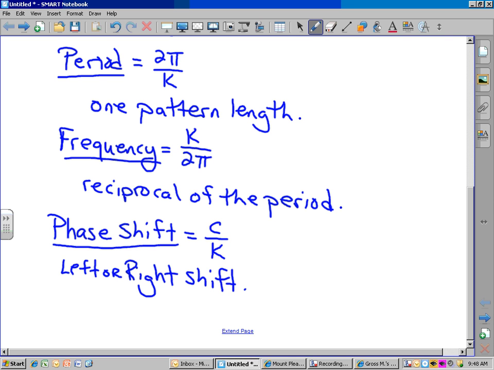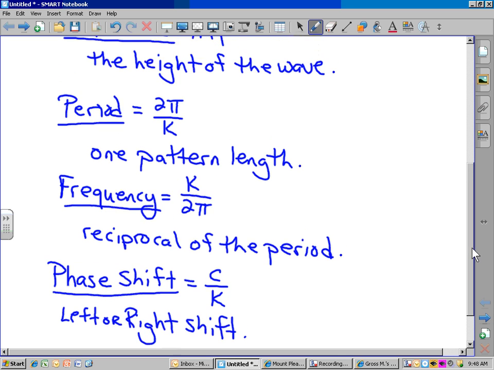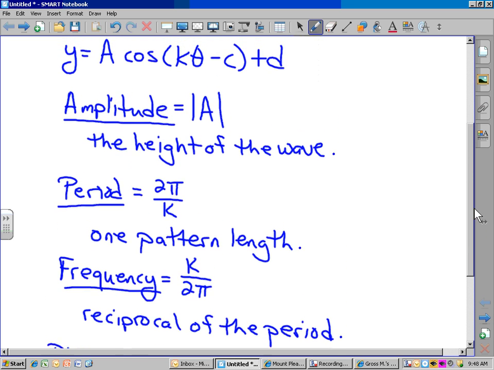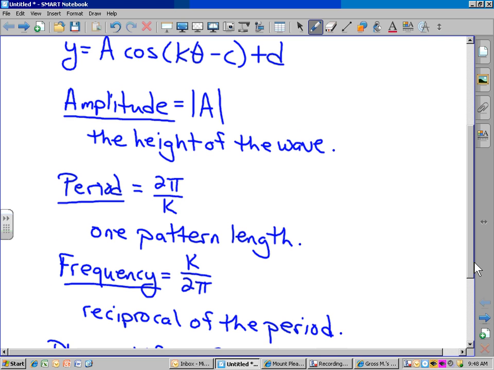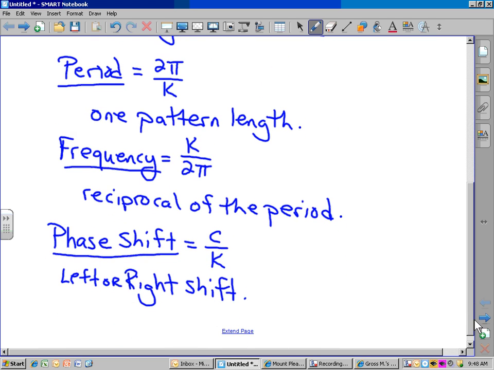Now, I think there's an easier way to solve for phase shift. We have C over K, but if you look up here in the equation, notice where C and K are at. C and K are part of what's inside of the sine or cosine. If you set whatever is inside the parentheses, so K theta minus C, equal to 0 and solve, you will get the phase shift.